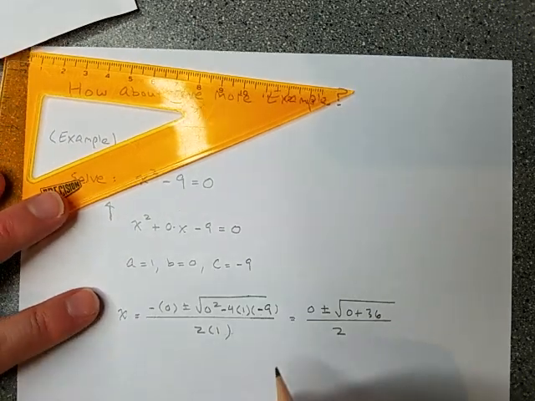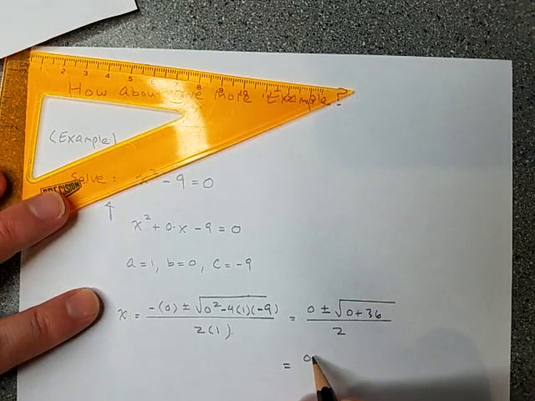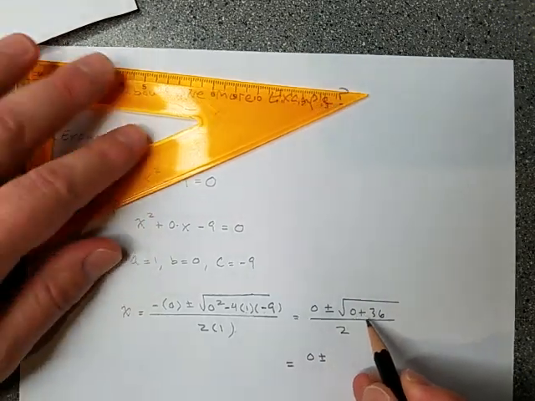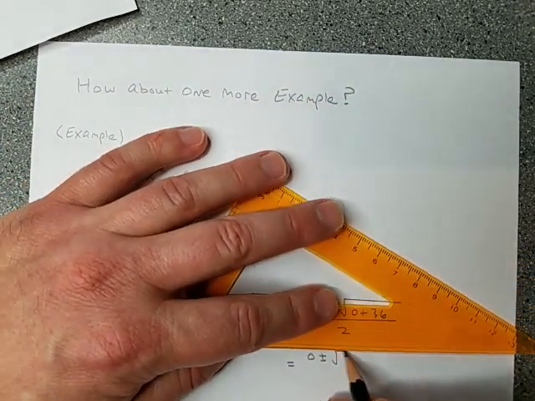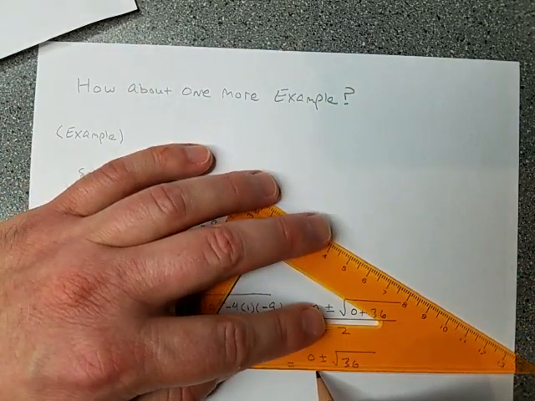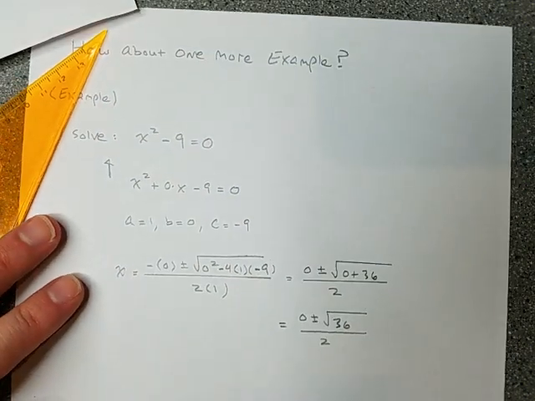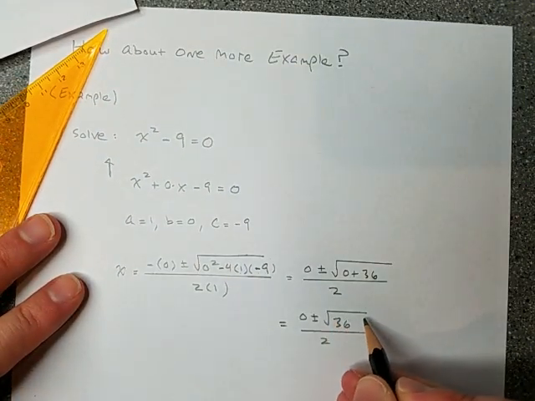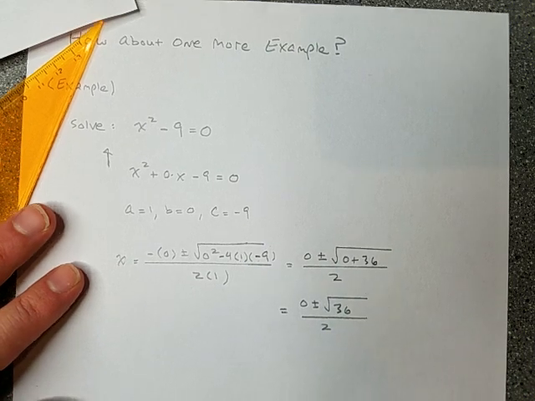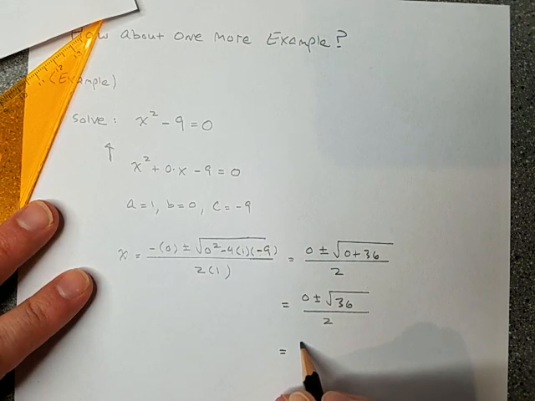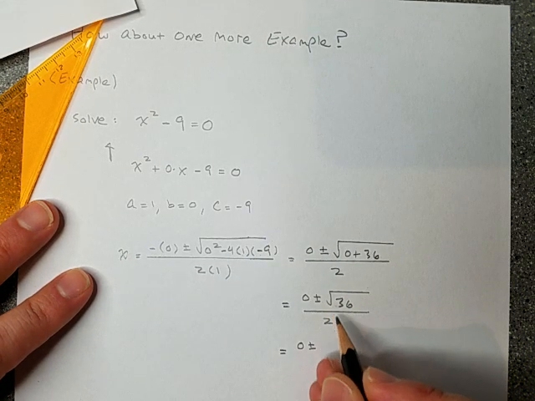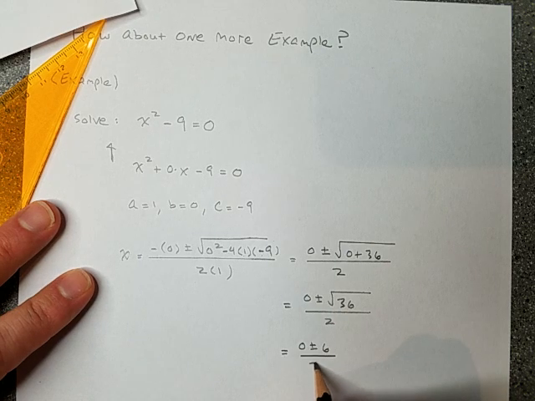Now we're getting pretty close. Let's see. 0 plus or minus. What's 0 plus 36? That's just 36. Okay? And then what's root 36? Is that a perfect square? It is. The square root of 36 is 6.